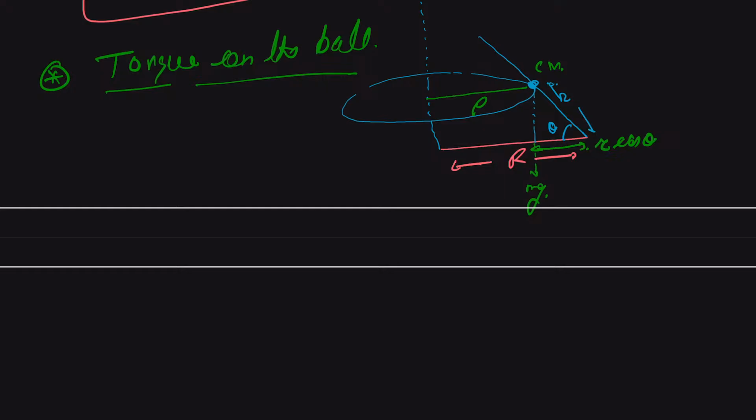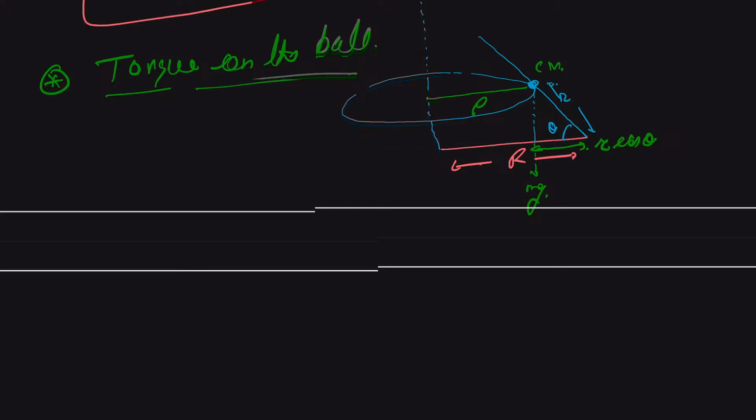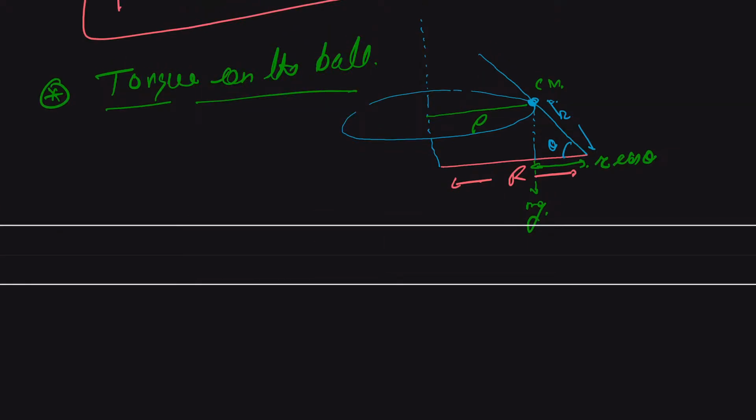So first is the torque on the ball. So we can say that our torque comes only from the force at the contact point.